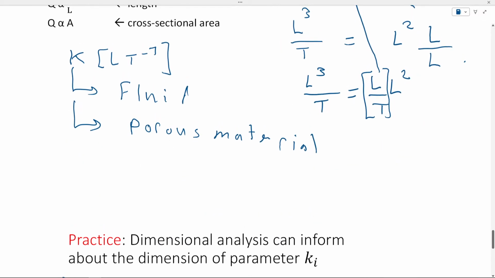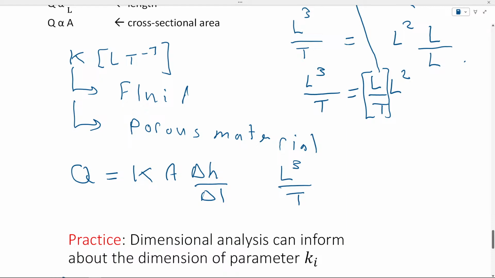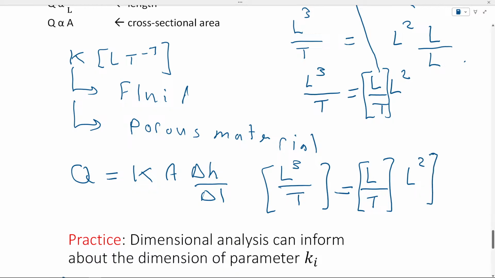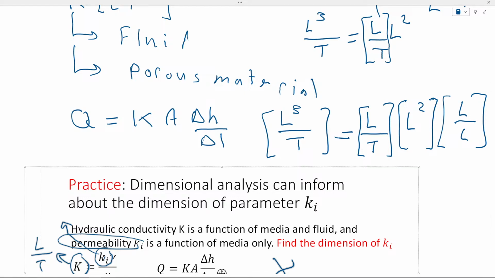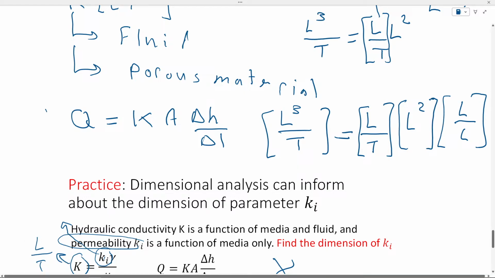So let's look at Q equals K A delta H over delta L. We know the dimension of Q is L cube over T. That is equal to K, which we know is L over T, and A, which is L squared, and delta H over delta L, which is L over L. So if you check, does this equation have dimensional homogeneity?